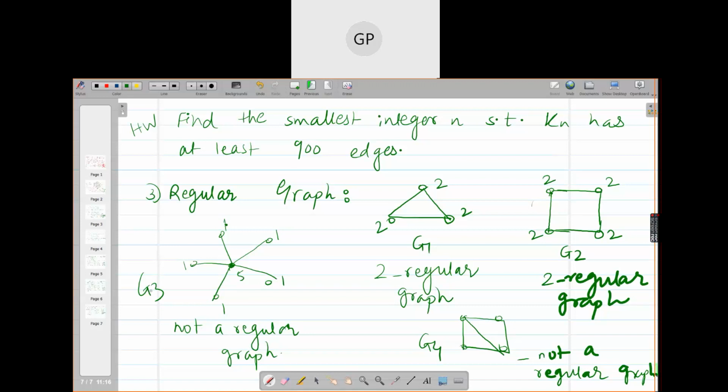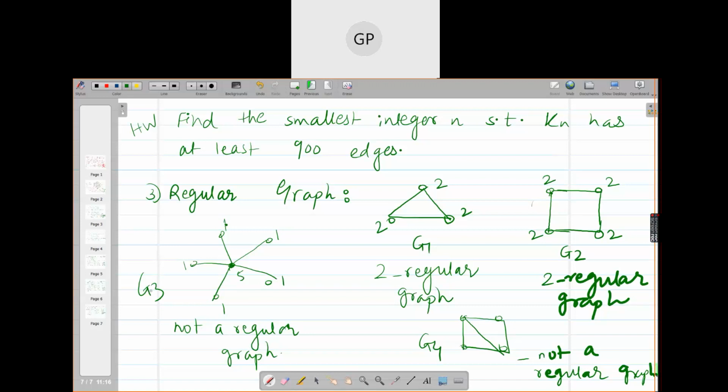Now tell me, in a complete graph, what is the degree of every vertex? N minus 1.